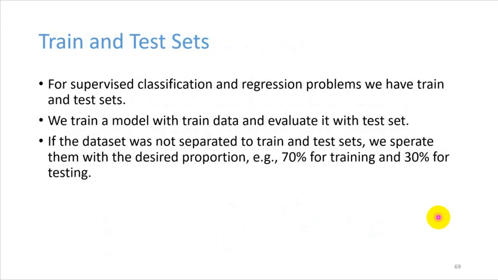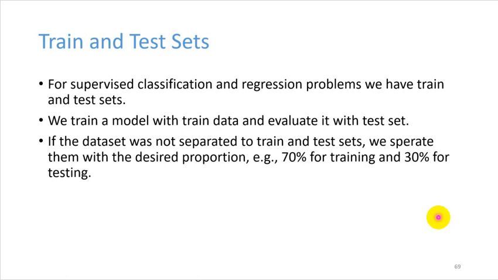For any supervised classification or regression problems, we would have training and test sets. We train a model with the training data, and we don't use the test data in this phase. And when we have learned the model, we use the test set for evaluation.